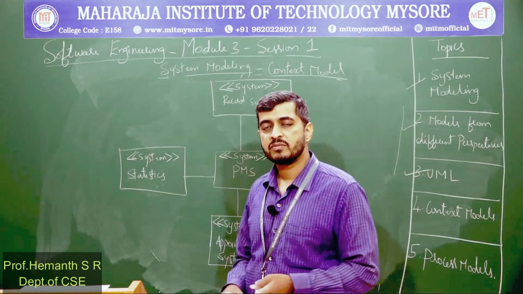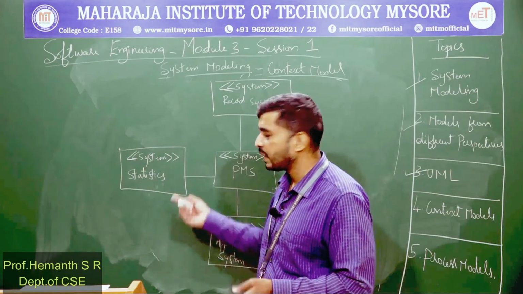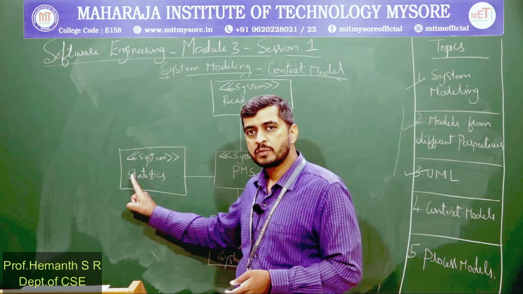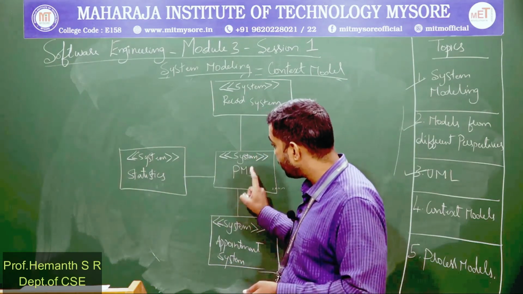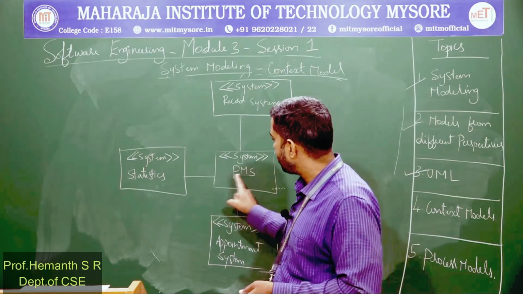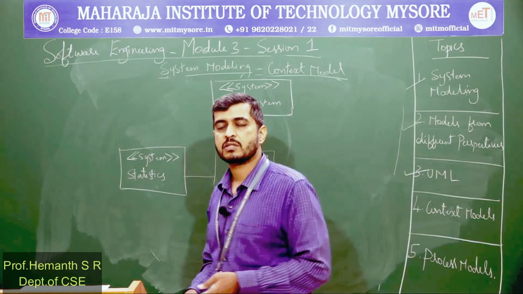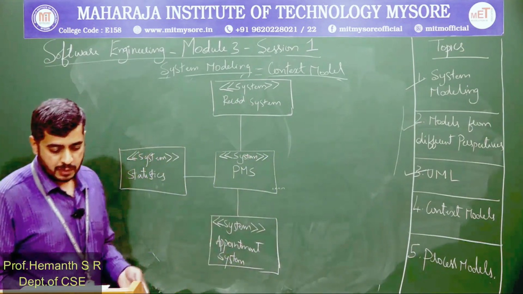Managers may use this information to plan strategies and the budget. Please note this information is not computed by the PMS, but it is managed by the PMS with the help of the statistics system. So that may be one possibility.